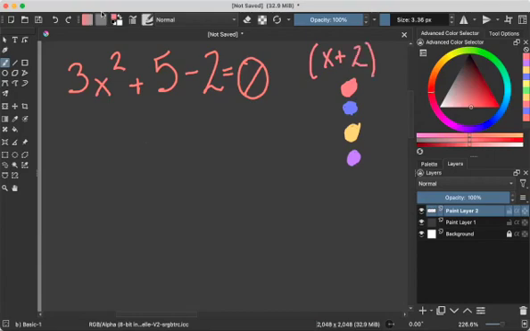For synthetic division, we will be using this table. To fill up this table, you will need to add the numbers from your polynomial equation. In this case, ours is 3, 5, and negative 2.